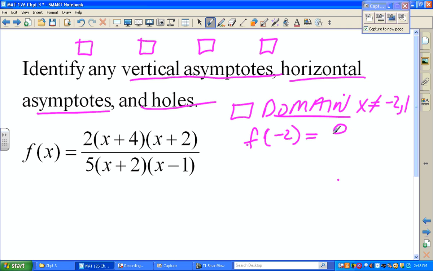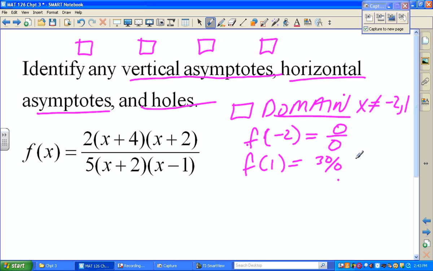Yeah, you get 0 over 0, don't you? All right. And what's the function value of 1? If I put in 1, I get 5, 15, 30 over 0, right?